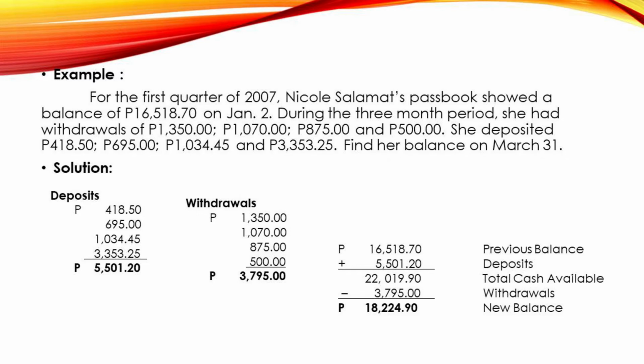Then, i-minus po natin sa ating total cash available yung ating withdraw na 3,795 pesos. So, ang bago nating balance ay nagkakalagang 18,224.90 pesos na magiging balance po ngayon ng ating March 31. So, that's the answer of balance on March 31.